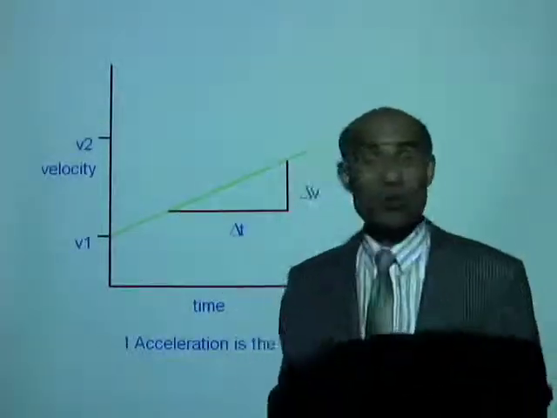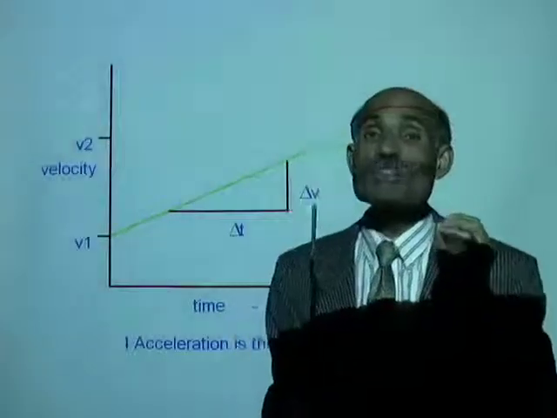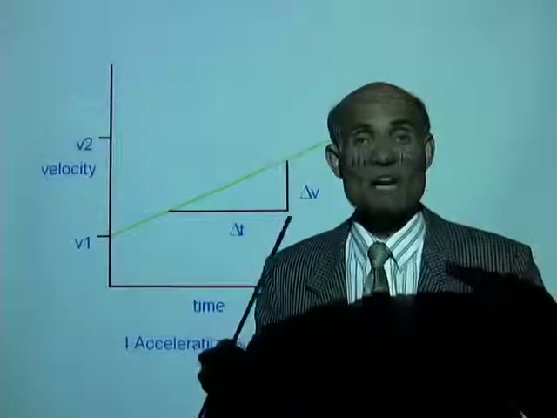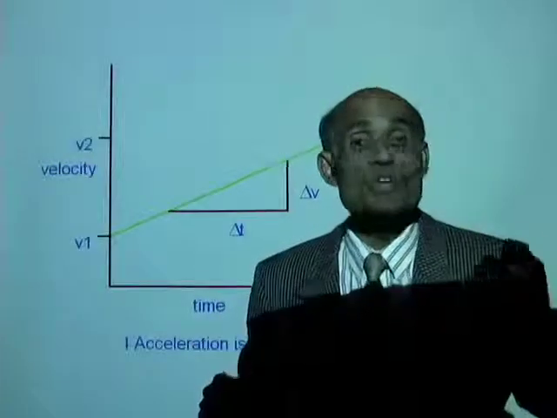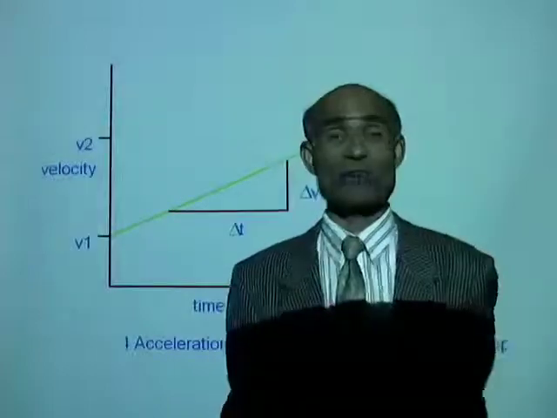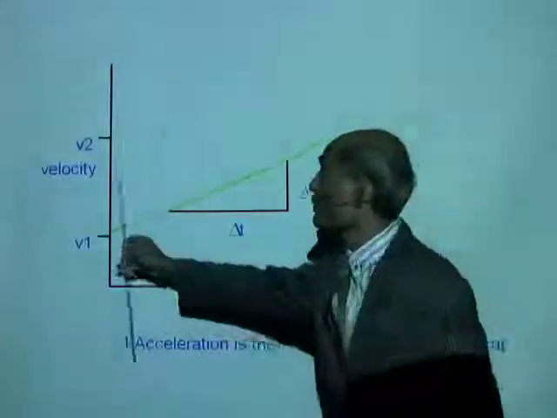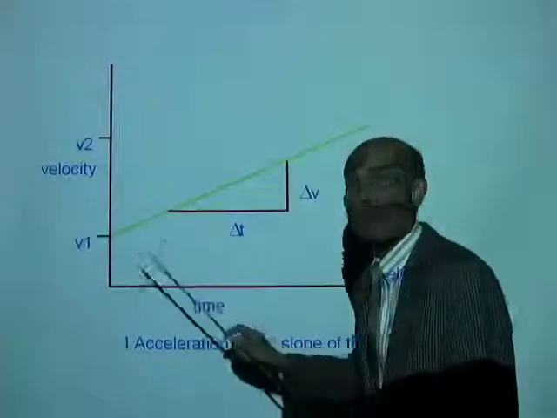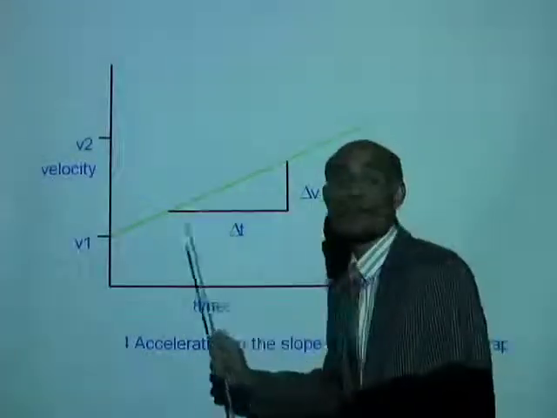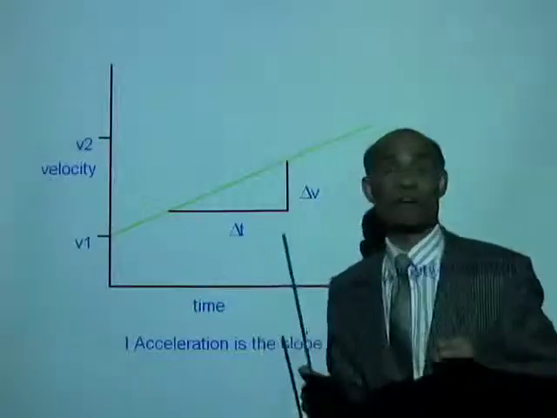You see, in this course, we will only use uniform acceleration. We will not look at particles moving with non-uniform acceleration. That means the velocity against time graph will be a straight line, and the slope of the graph will give you the acceleration.